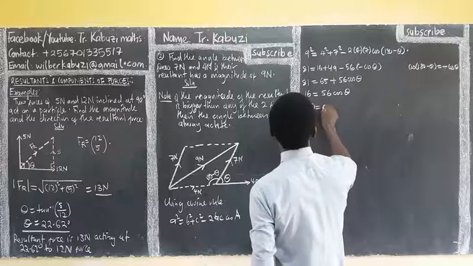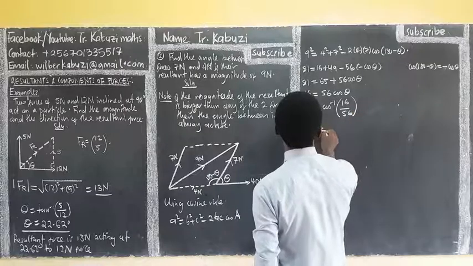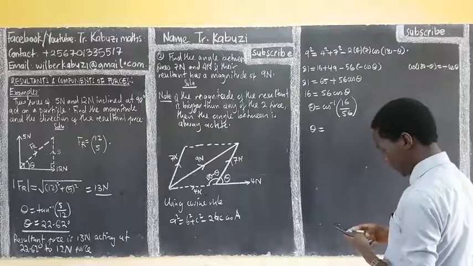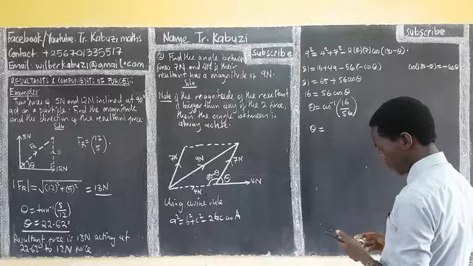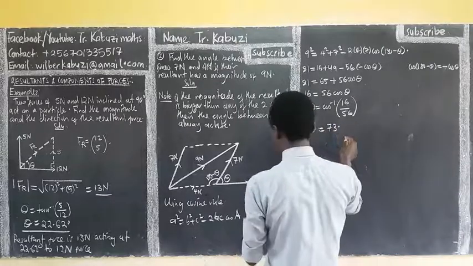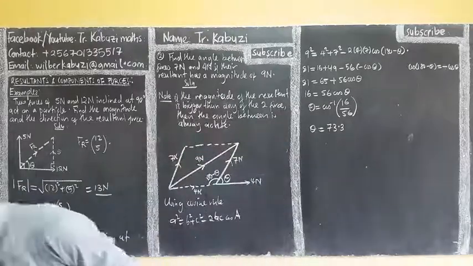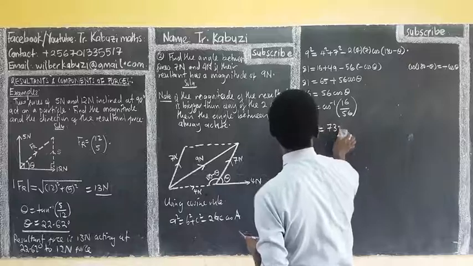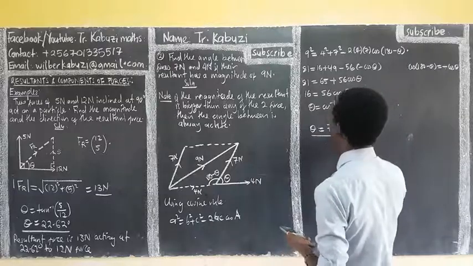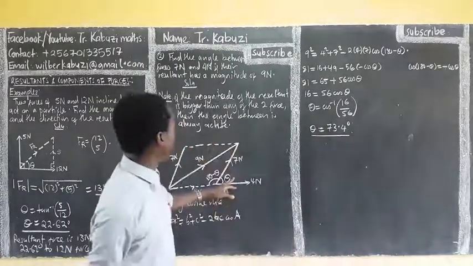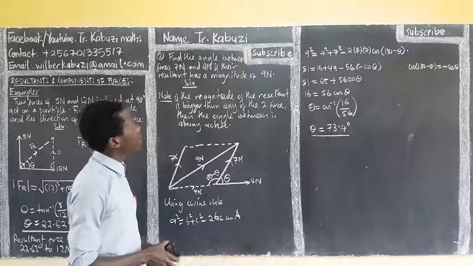So our theta is going to be cos inverse of 16 over 56, which is 73.3, and to one decimal place is 73.4 degrees. So the angle between the two forces is 73.4 degrees.